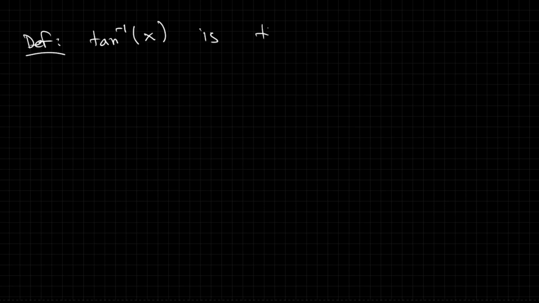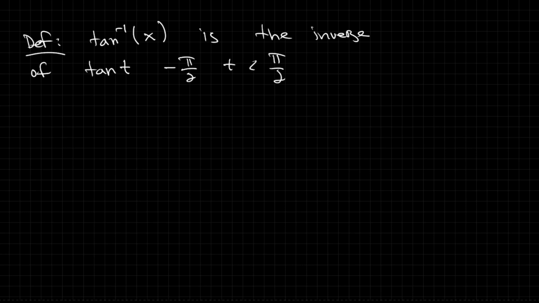This is the inverse of tan t, where t is between minus pi over 2 and pi over 2, and I'm just not going to include minus pi over 2 or positive pi over 2, because tangent of t is not defined at either minus pi over 2 or positive pi over 2.